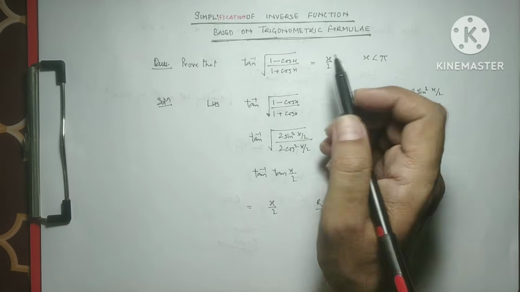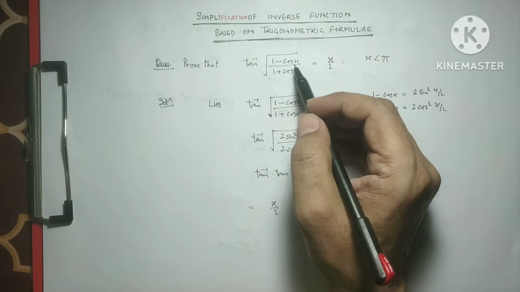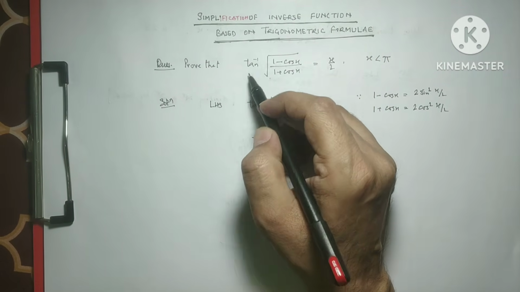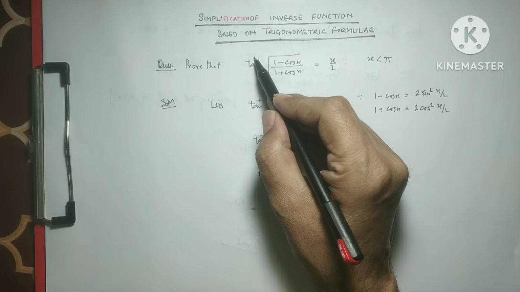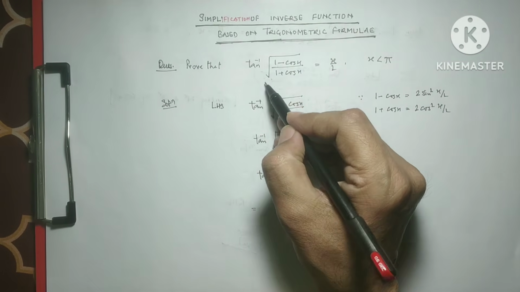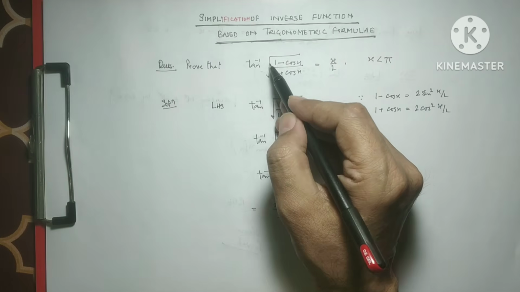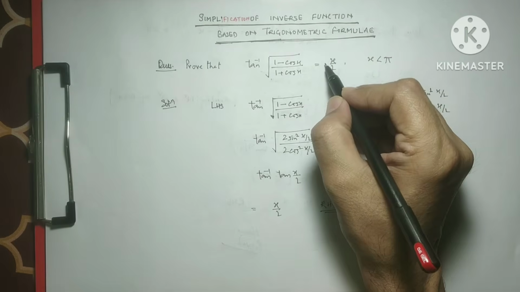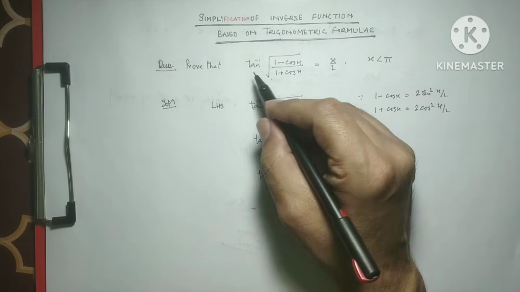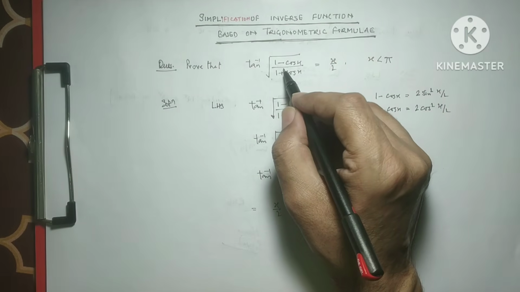For solving this question, we will simplify this and remove this inverse. For removing the tan inverse, the remaining expression should be converted in terms of tan, because the answer is only x by 2, so there is no trigonometric function.